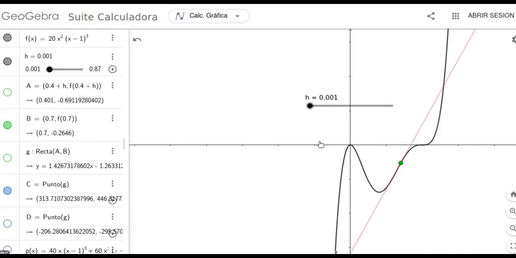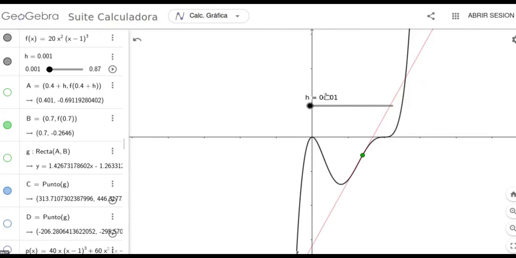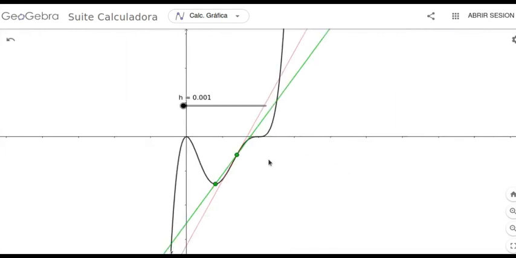We have a function, this green point, and the tangent line. What we do is take another point and draw a second line through this point and the one we first took. Now we're going to make this point come closer to the first one. These points will be at a distance h, and we'll make this distance bigger and smaller.